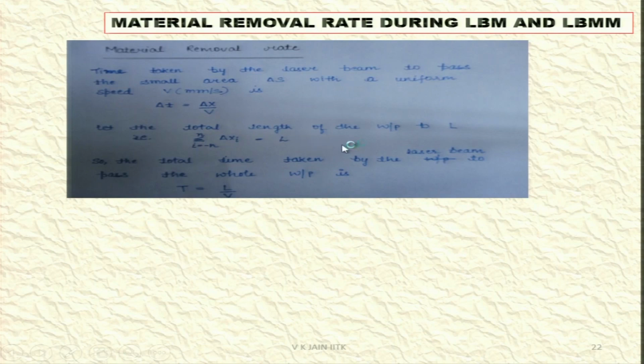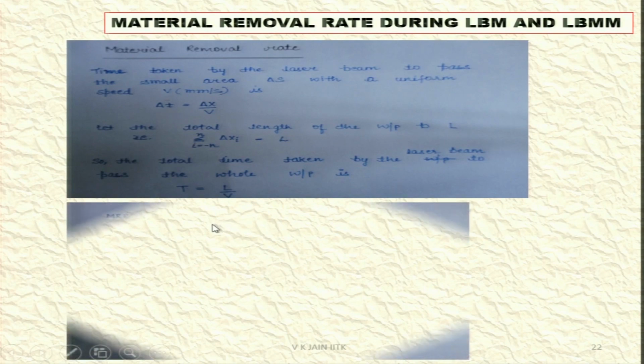If the total length of the workpiece is L, then you can sum up, and the total time taken by the laser beam to pass the whole workpiece is T equal to L over V, where the length of the workpiece is capital L and V is the speed with which it is travelling.